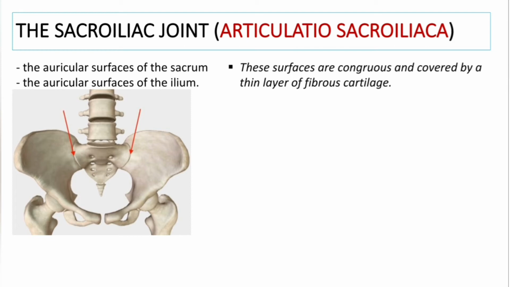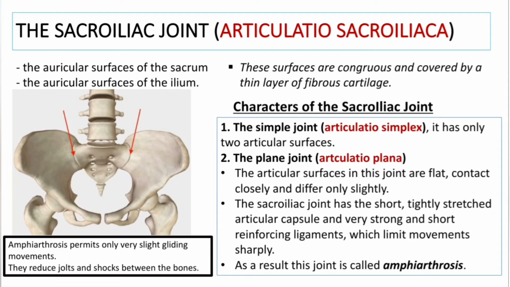What are the characteristics of the sacroiliac joint? Number one is the simple joint, articulatio simplex, because it's only formed by two articular surfaces. Number two is the plane joint, articulatio plana. Why? Because the articular surfaces of this joint are flat and they contact closely and differ only slightly.